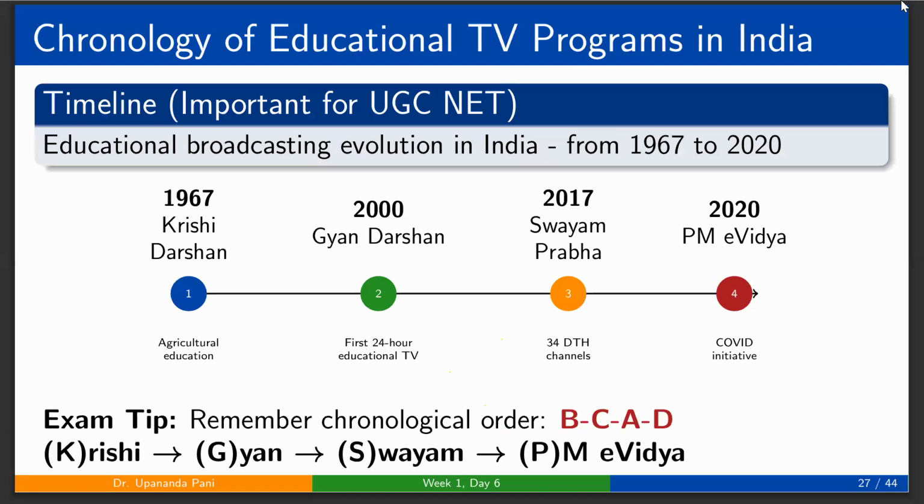What are the different chronologies of educational TV programs in India? First is, you can see 1967 Krishi Darshan, that was for agriculture education. 2000 it was Gyan Darshan. 2017 it was Swayamprabha. 2020 it is PM eVidya.